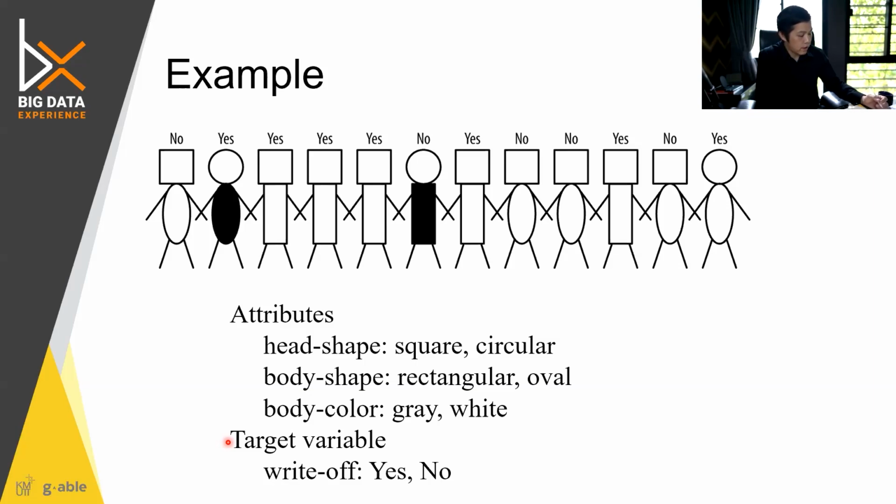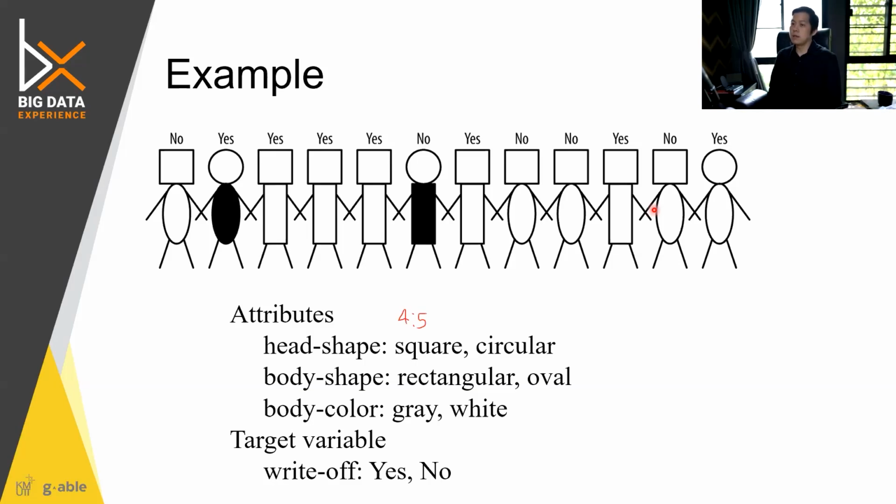For square head shape, what is the proportion of no to yes? You have 1 no, 2, 3, 4, so 4 no, and 1 yes, 2, 3, 4, 5 yes. So that would be 4 to 5.